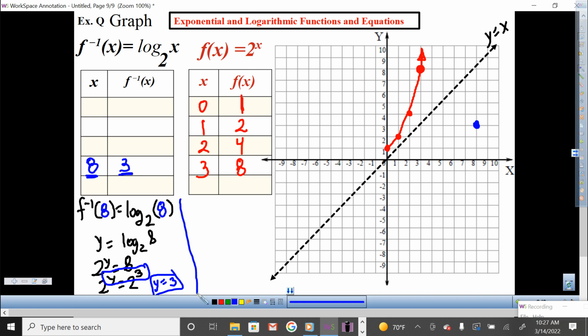Let's do another one. So look up. If this x value I use is 8, what would be the next value right there? Tell your neighbor, please. Yeah, 4, because we're using these, yes? All right, so let me get you started. f inverse of 4 equals log 2 of 4. Find me the inverse of x.